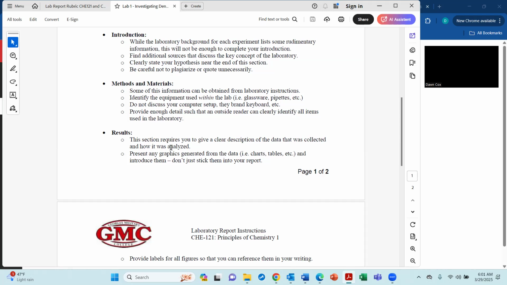Now, you also need to include all calculations. All right, so what do I want you to do there? All right, let's say that this first section here is your table, and you filled in all the data that you found in the lab, and you've got some calculations to do that need to be in that table as well.